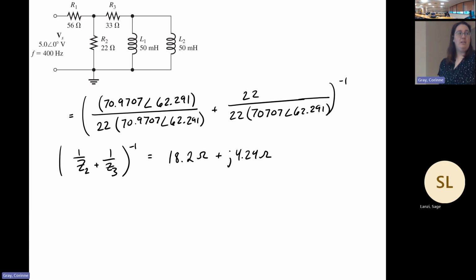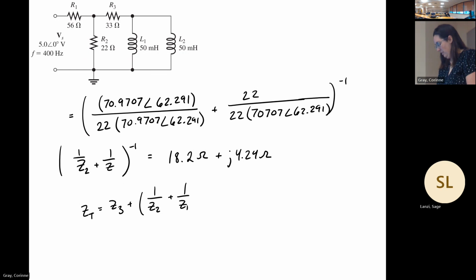So this is doing all the math, putting it into rectangular form. And then to do the final value, for ZT, that's going to be Z3 plus 1 over Z2 plus 1 over, sorry, that should be Z1, Z1 inversed.